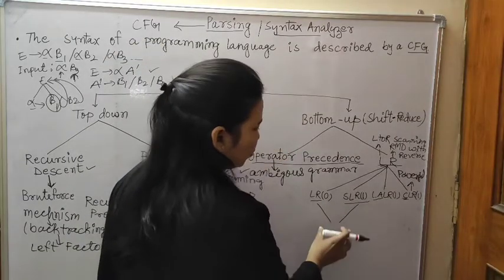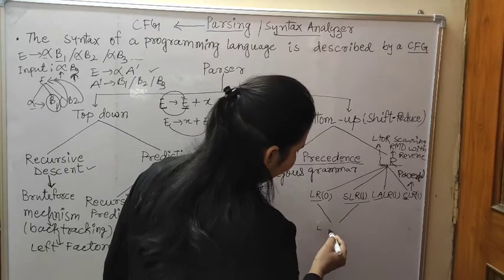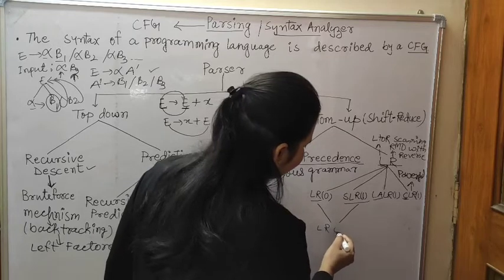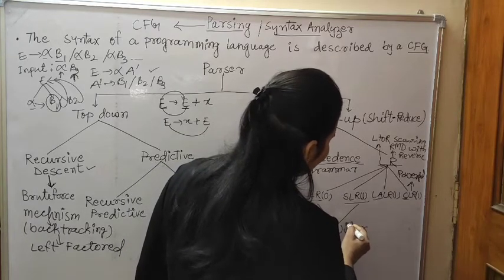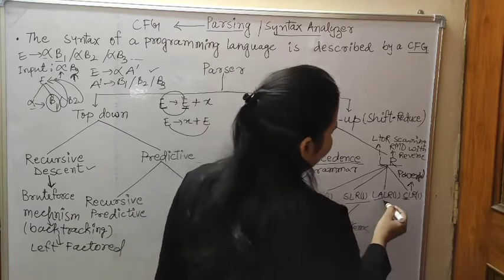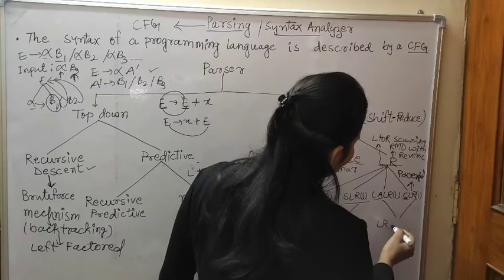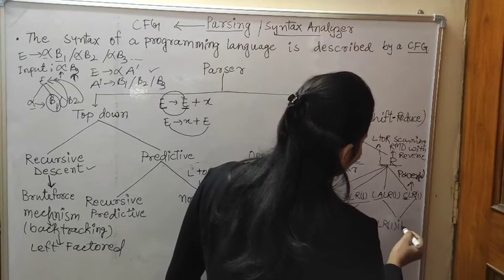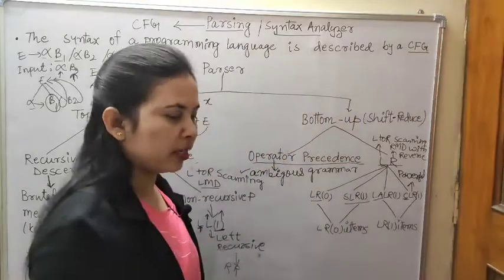LR0 and SLR are called LR0 items, and LALR and CLR are called LR1 items. Why are they called LR0 and LR1 items?